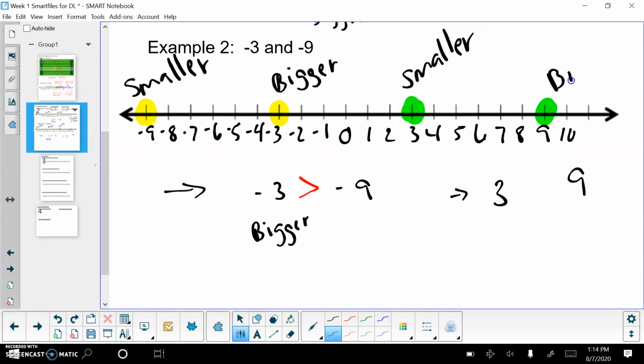My 9 is the bigger, because the farther right you go, the bigger the number. So now if I'm going to label my 3, my 3 is now smaller. And for smaller, you would use the less than symbol. Notice it's sort of reversing how the negatives work, because the negatives are the reverse of the positive. They're opposites. So when you compare them, they work in an opposite way than the positive numbers work.